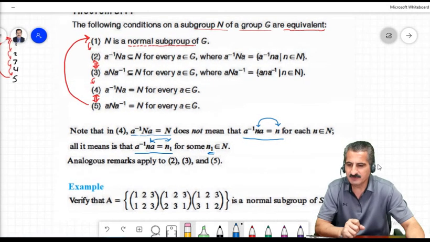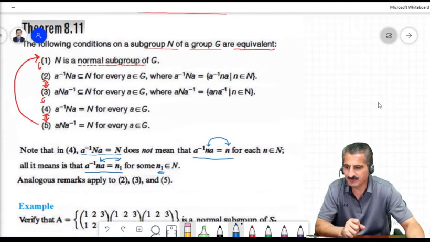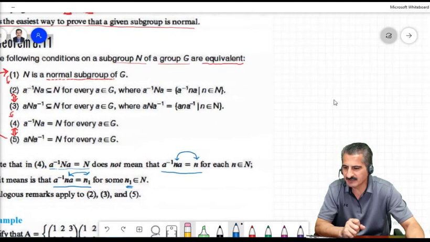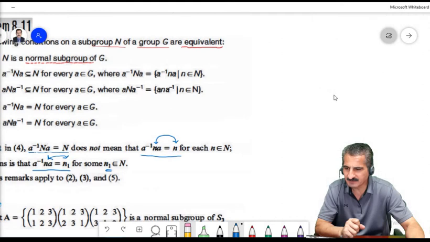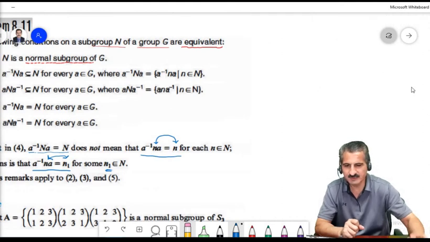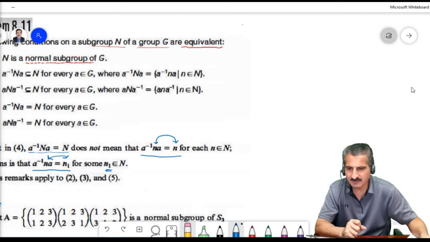So let's work the proof. Let's assume N is normal and show that 2 is true. So I will try to do this quickly. We want to show that 1 gives 2.